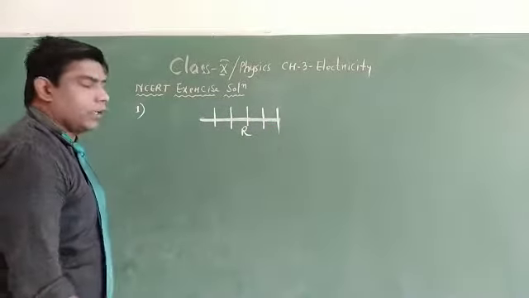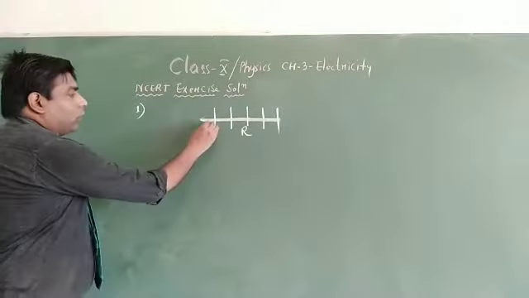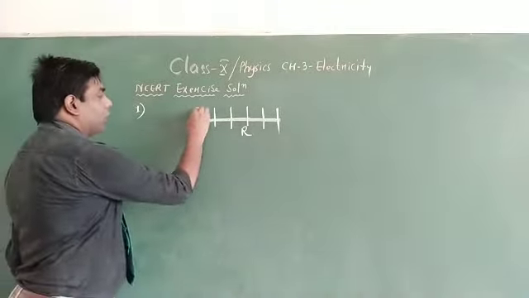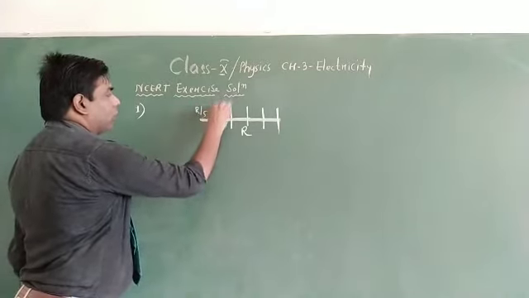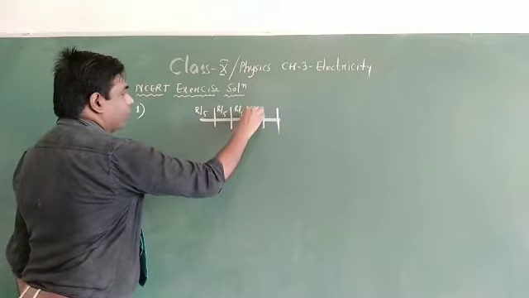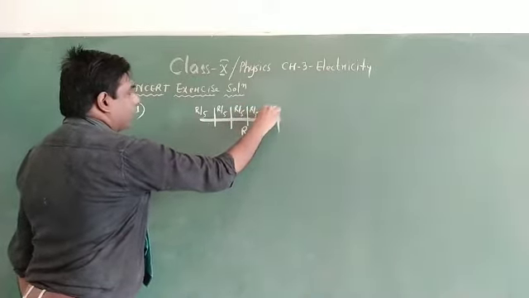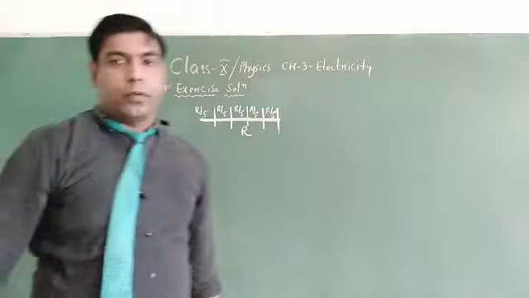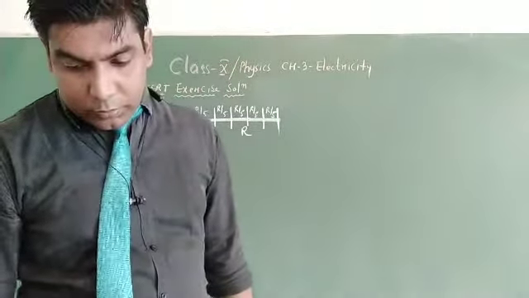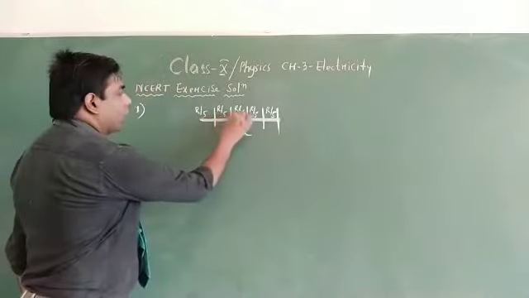So the resistance of each part will be how much? That is total resistance of R, cut into 5 equal parts, and these 5 equal parts are connected in parallel.